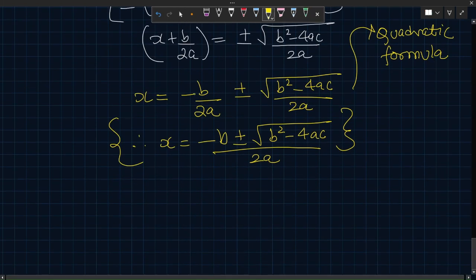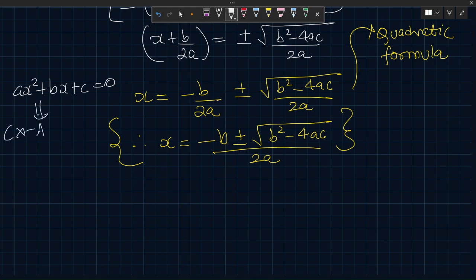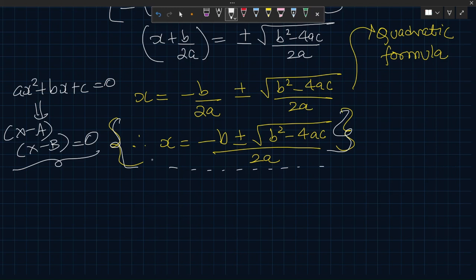Okay. So given any quadratic of the form ax square plus bx plus c equal to 0, no need to bring it in the form x minus a into x minus b equals 0. You can directly use this formula to get the roots, and there will be two roots.